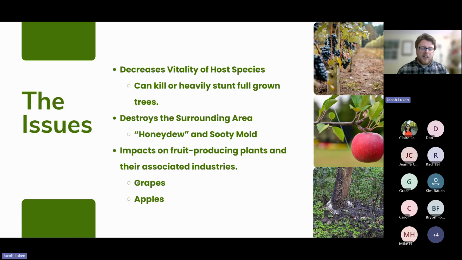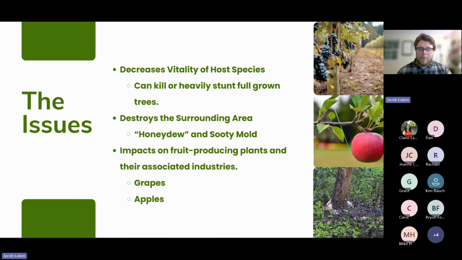So it decreases the vitality of the host species, that tree, the vine, whatever it's growing on. And it also destroys the surrounding area. As the spotted lanternfly feeds, it excretes a sticky and sugary liquid called honeydew. And that honeydew, as it drops out of the trees, leaves behind a shiny and sticky residue that can attract more insects and promotes sooty mold growth, which can further harm plants by reducing their ability to photosynthesize.